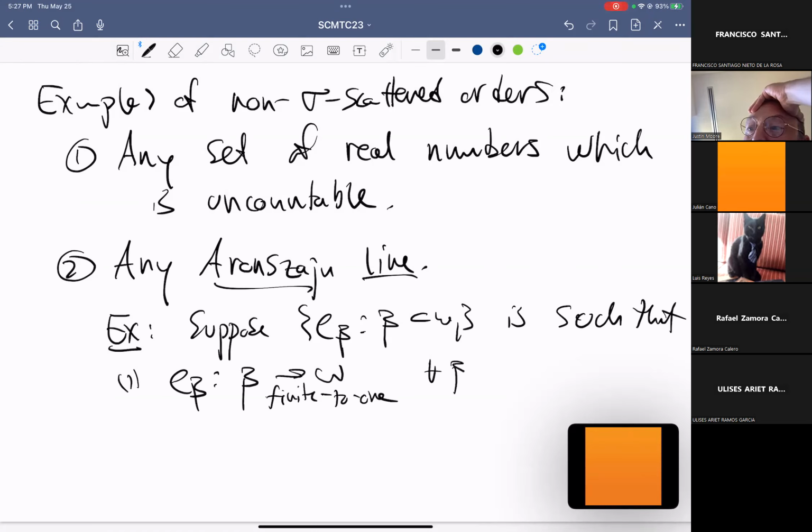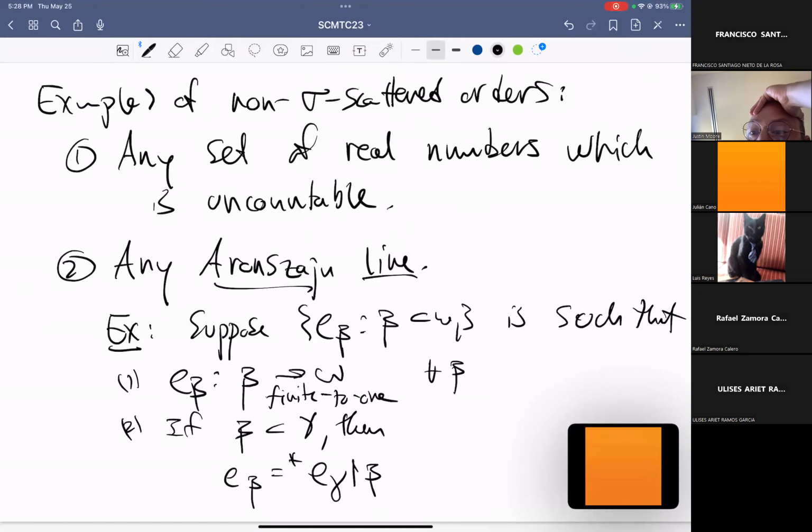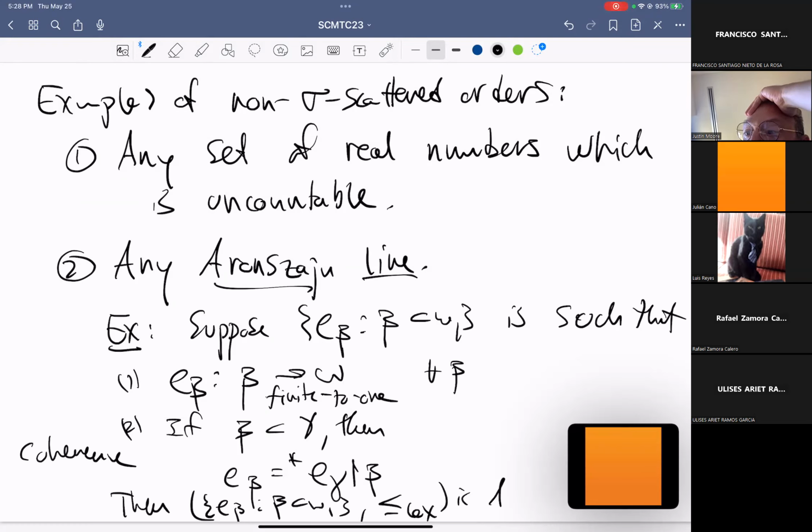For all beta. And two, if beta is less than gamma, then e_beta is equal mod finite to e_gamma restricted to beta. So this is coherence. Then the e_betas, lexicographically ordered, is an Ehrenfeucht line.